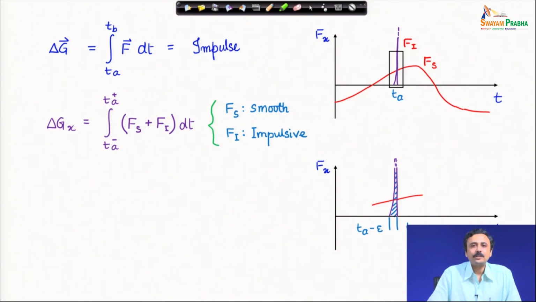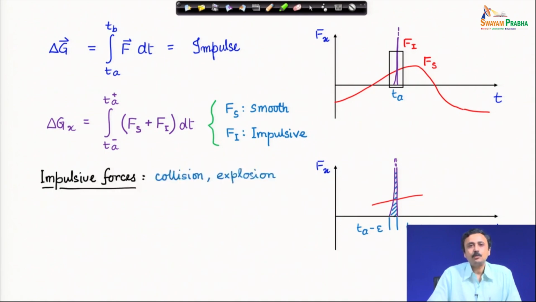Now, what are the situations where such kinds of forces, impulsive forces, occur? Two common examples are collision and explosion. In a collision, for example, a cricket ball is hit by a bat. The contact between the ball and the bat is very small, or a hockey puck with the hockey stick.